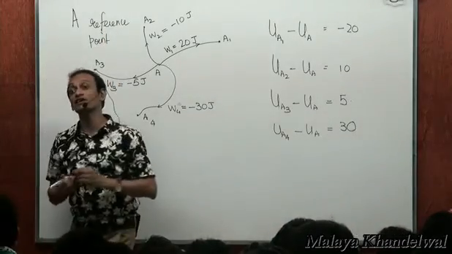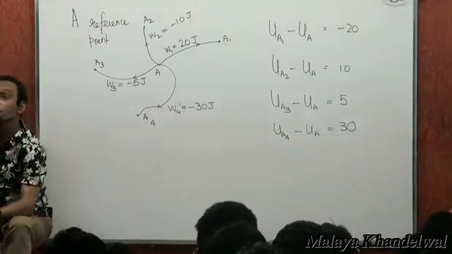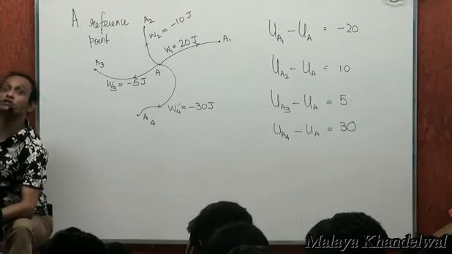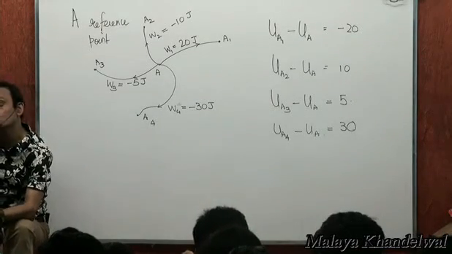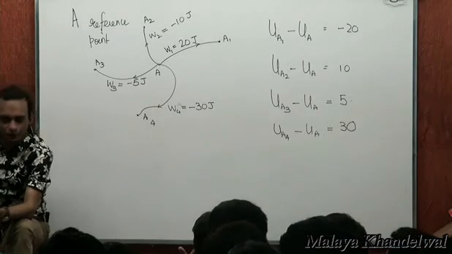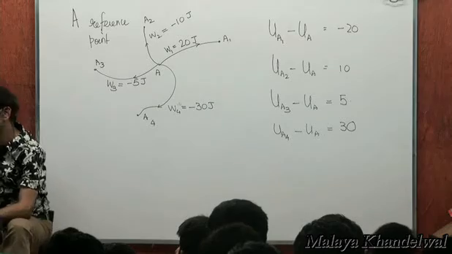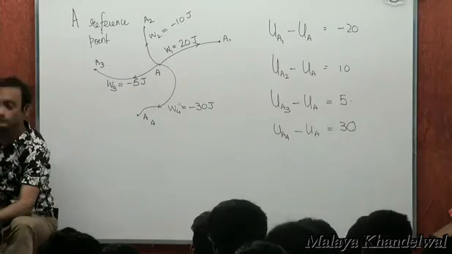Once I choose A as a reference point, then it's my prerogative to assign a certain value to UA. A value UA equal to minus 1 could be assigned. I could say, all right, UA will be minus 1.